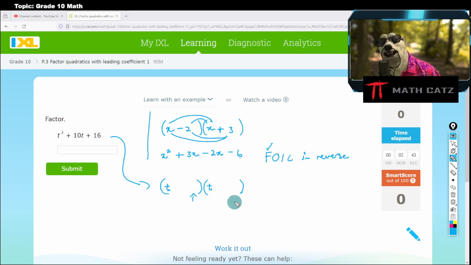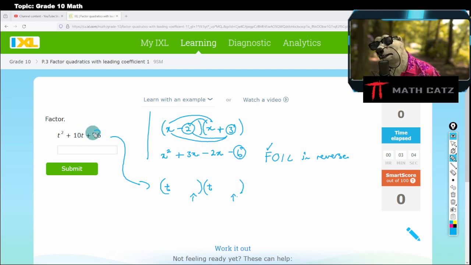The options here to start with are fairly limited because the 2, forget the negative and positive for now, the 2 and the 3 need to multiply when I multiply the last ones and give me this 6.